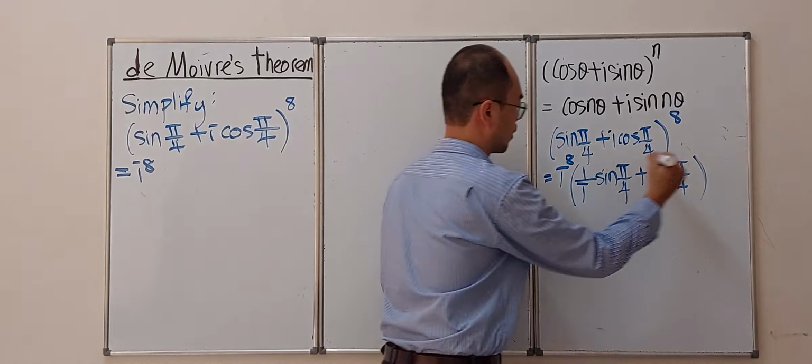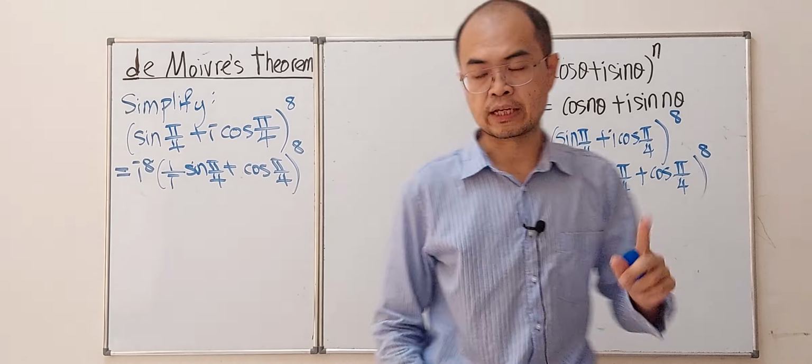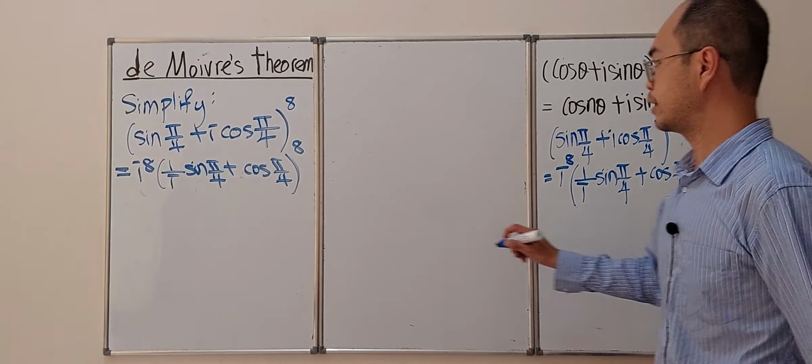So I to the power of 8 times 1 over I sine pi over 4 plus I cos pi over 4, to the power of 8. Oh sorry, without the I here. So this will still be different from this because the sine theta is with the I, right? So then I have to understand that.